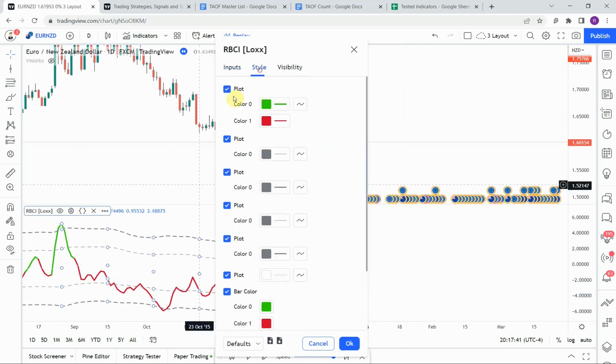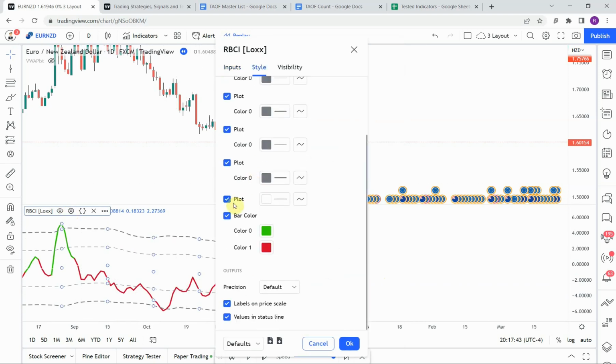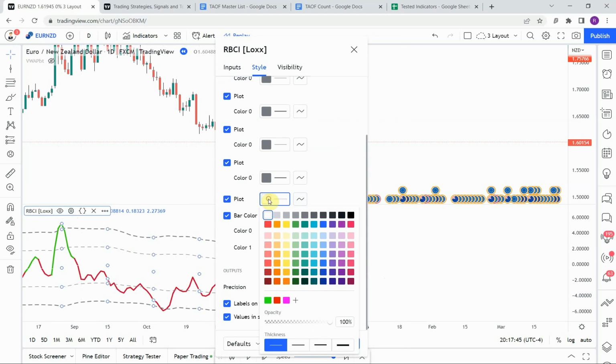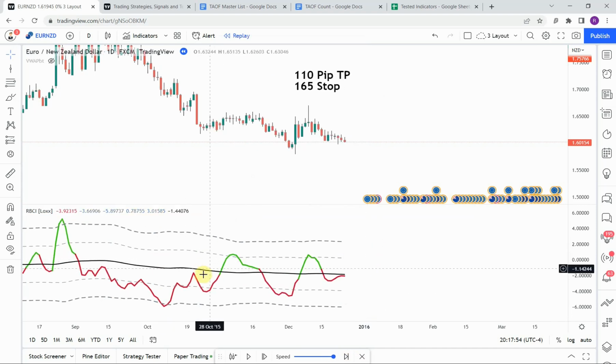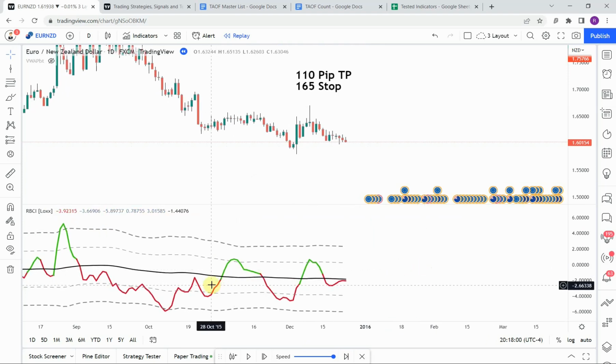Let's see if we can go in, and this one right here, I believe. Yes, that one right there. So this large black line running kind of through the middle of the indicator there is, you can think of it as a zero line, basically, even though it's not at the zero.